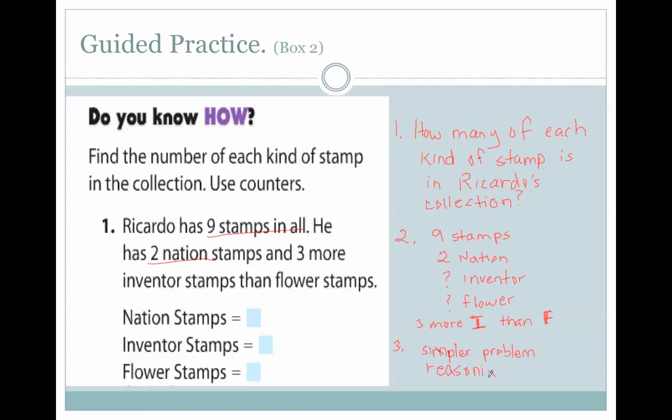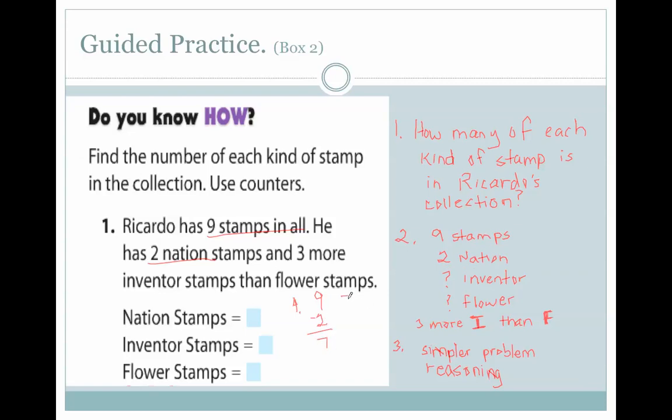Those are my 2 strategies. All right, so I'm going to work over here, step 4. I'm going to begin by taking away the 2 nation stamps, which is the one I have, from the 9. So 9 minus 2 is 7. That leaves me with 7.